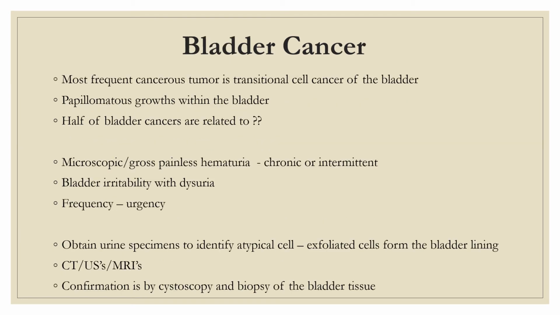So now we're going to move on to bladder cancer. The most frequent cancerous tumor of the bladder is called transitional cell cancer of the bladder. There's also papillomatous growths within the cancer as well. And again, half of bladder cancers are related to smoking.